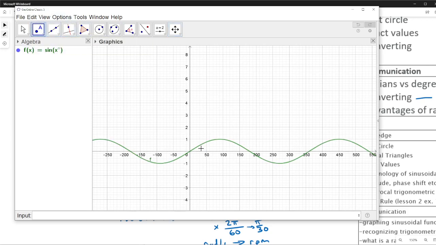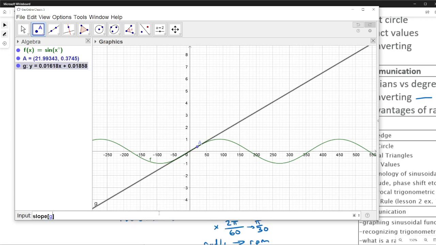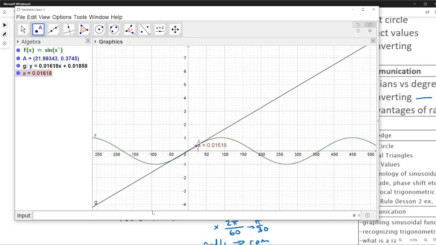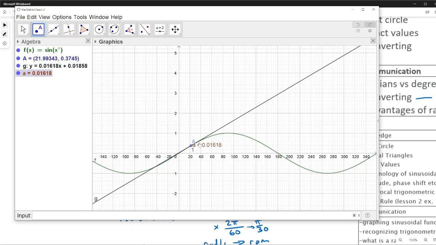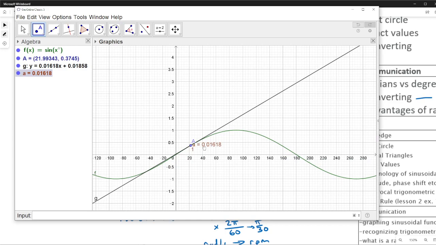Now, like we did at the beginning of the year, we can make a tangent to the graph, and that tangent has a slope, right? And if I were to check the rate of change, right now you can see the rate of change of this graph at this moment is 0.01618.